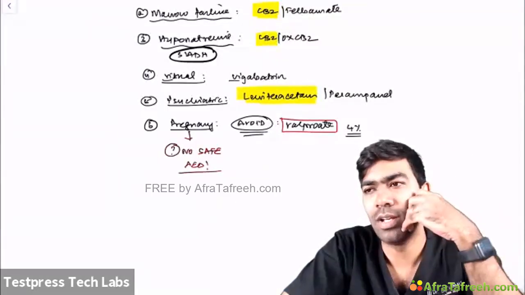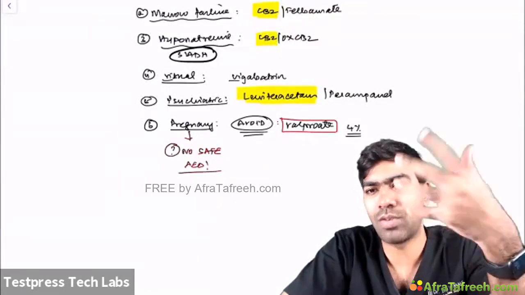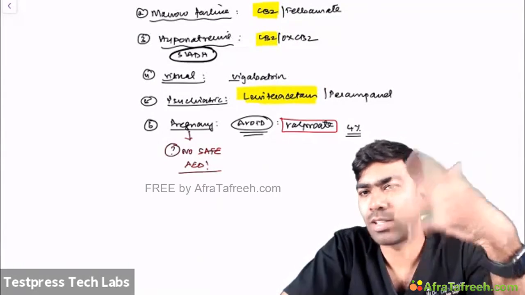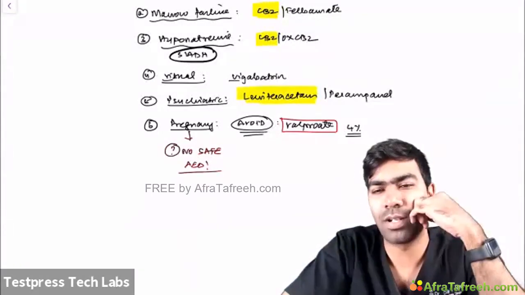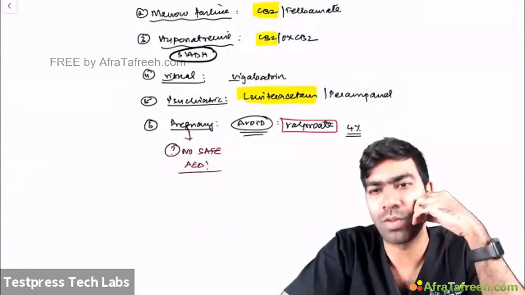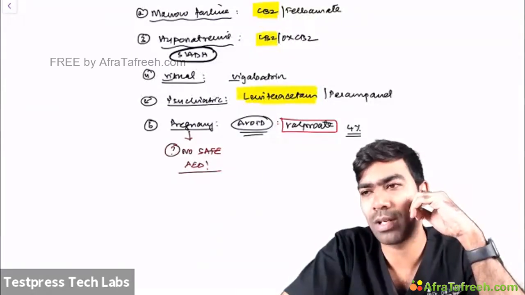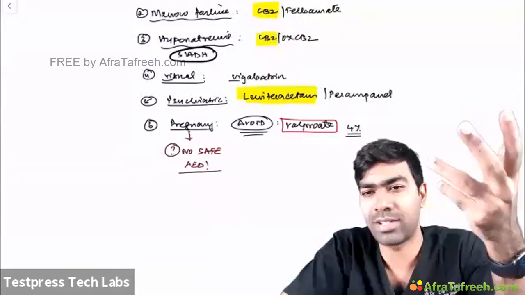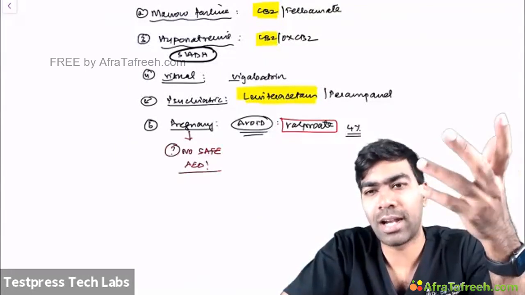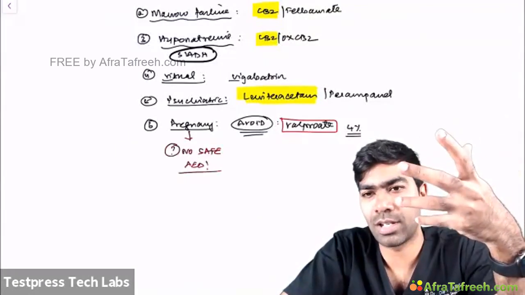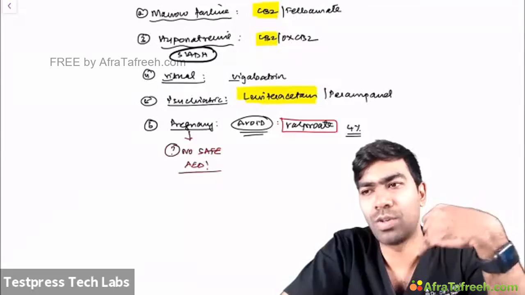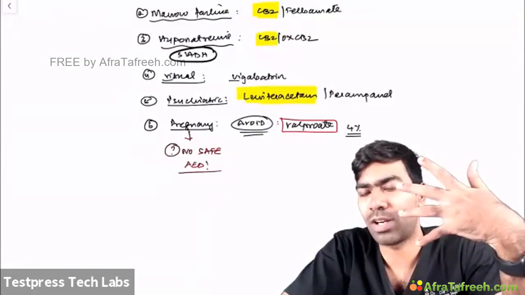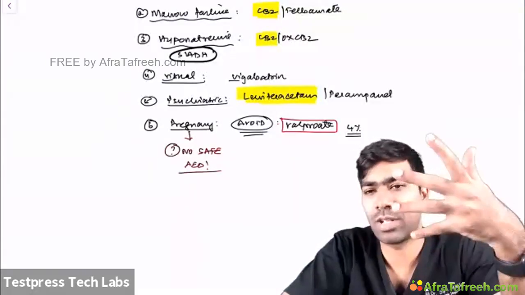So that's fine. Suppose the seizure is not controlled with the newly given drug, then there is no other option. You have to shift back to the older drug. Even if it is teratogenic, we have no other option, because having a seizure during pregnancy, or having a seizure at any point in life, is actually more deleterious than this kind of pregnancy-related teratogenic effect. So right now, we don't have any universally safe, non-teratogenic anti-epileptic drug.